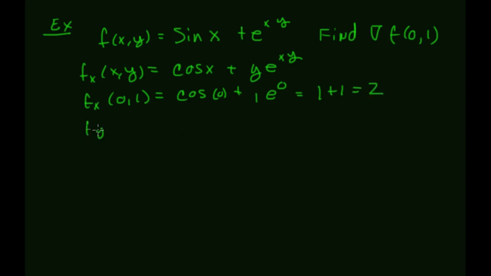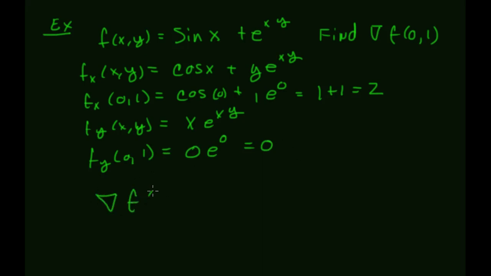And f sub y at x, y comes out as, well, that just goes away, so I get x e to the xy, and f sub y at 0, 1, well, the x is 0, so that's 0 times e to the 0, which is 0. So the gradient of f at 0, 1 works out to be 2, 0. So it's just the vector 2, 0.